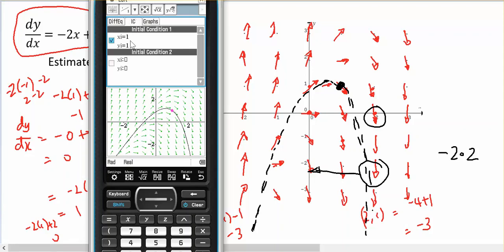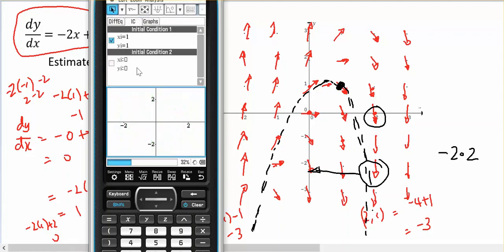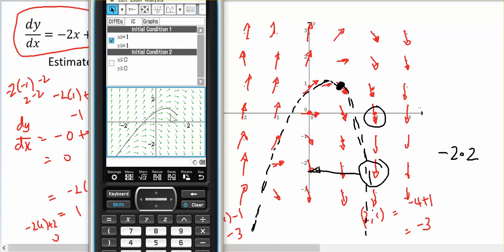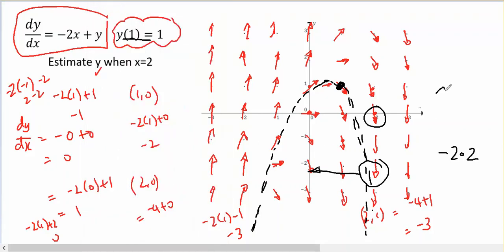And I've got my initial condition of (1, 1), which is here. And when it's drawing for 2, its prediction for 2 is around 1.9, or negative 1.9, or negative 2, which is very similar to my prediction.